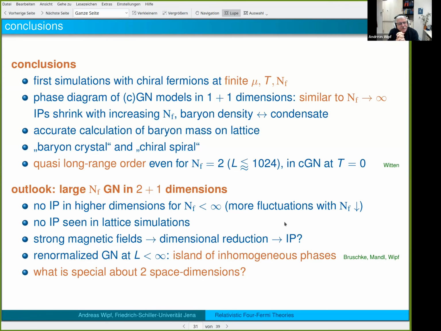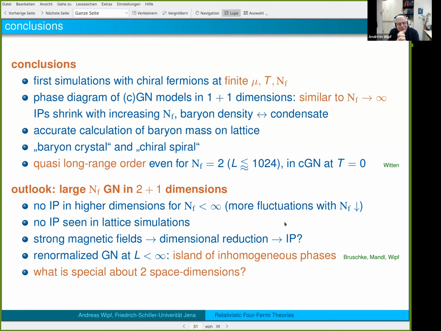The story is different for strong magnetic fields because of the dimensional reduction. And the story, astonishingly to me, is also different in finite volumes. We have seen islands of inhomogeneous phases which then go away in the infinite volume limit. So the question to me is, what is special about 2 space dimensions or 3 space dimensions?